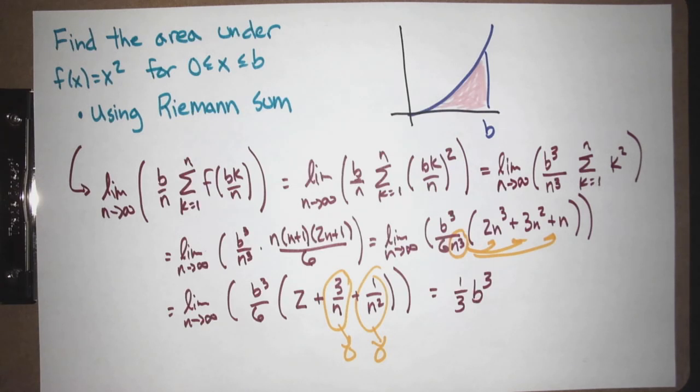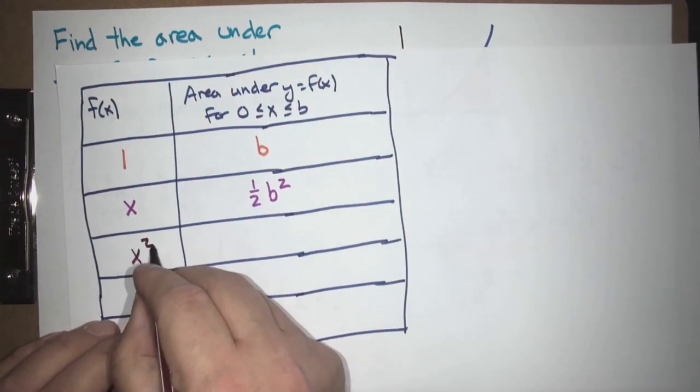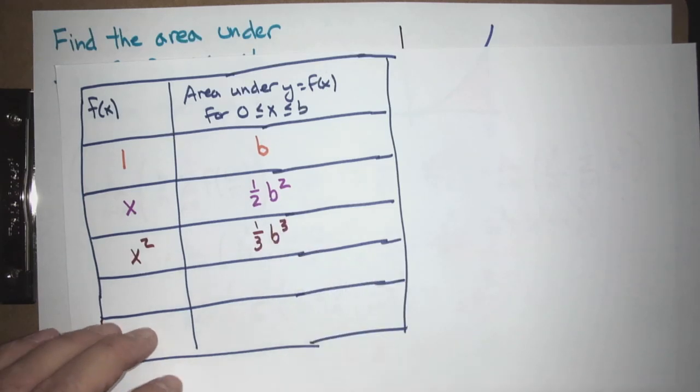But you have to appreciate it. Okay, so how are we doing? So far, so good? You're probably thinking, I don't want any more polynomials. Don't worry, we'll switch it up. We know you want something new. Okay, so x squared became 1/3 b cubed.